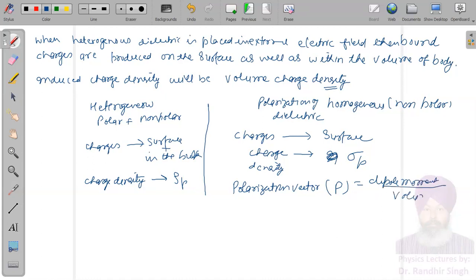You proved in your plus 2 class that capital P and sigma p are the same in magnitude, and in vector form P is equal to sigma p into n cap, where n cap is a unit vector normal to the dielectric surface.